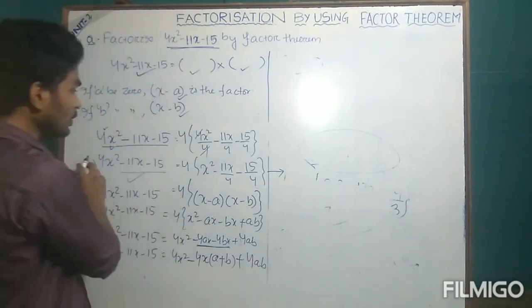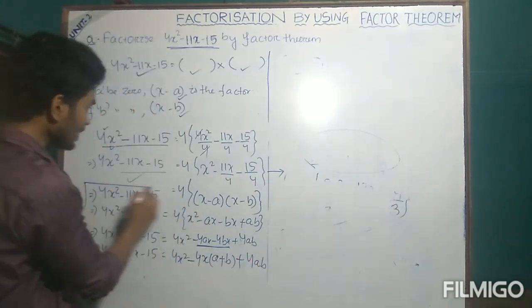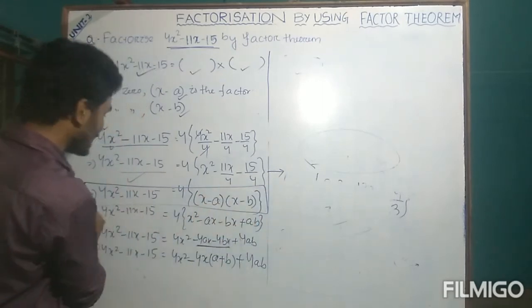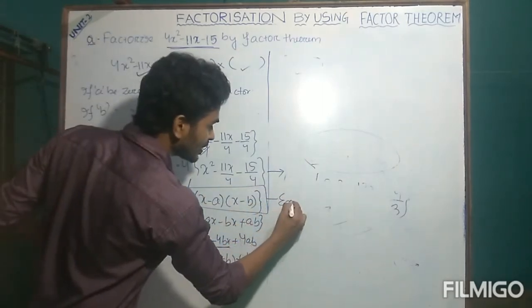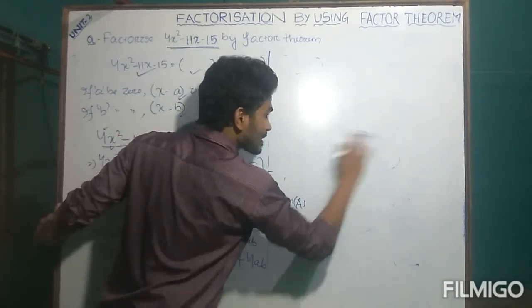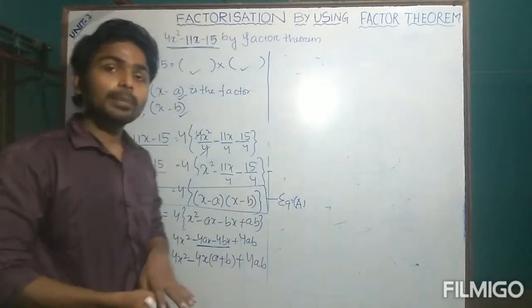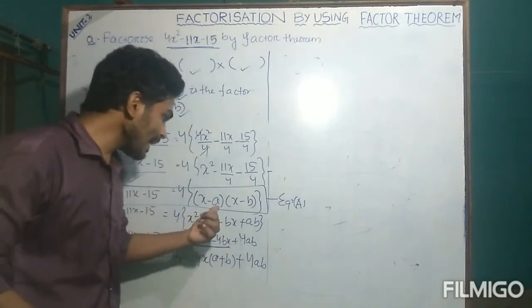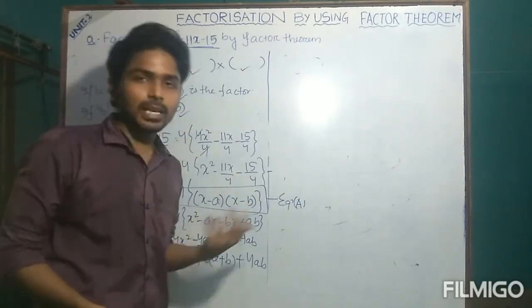Now this is the equation that you need. You can call it equation A. This is the equation that you need at the last, because at last we have to find out the values of a and b and put them in this equation.